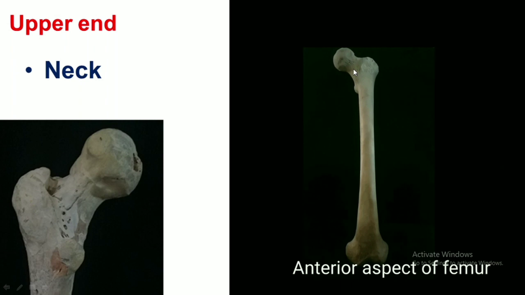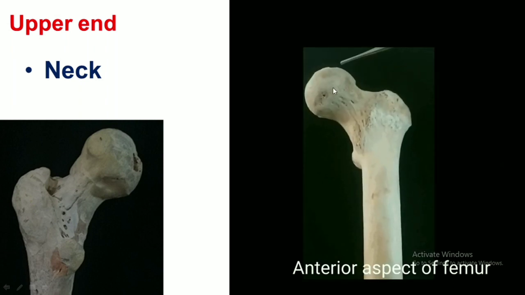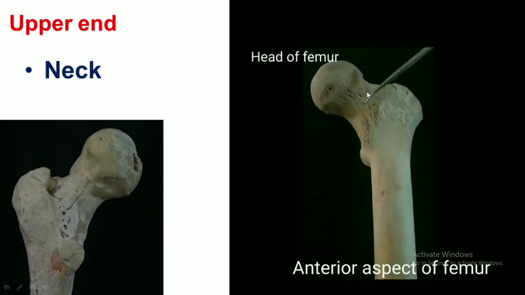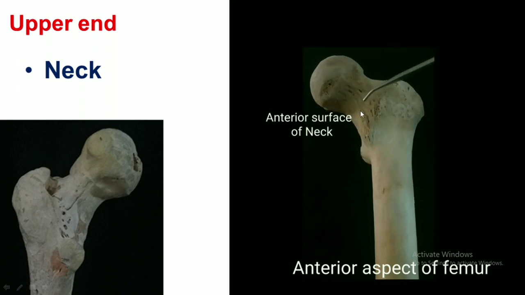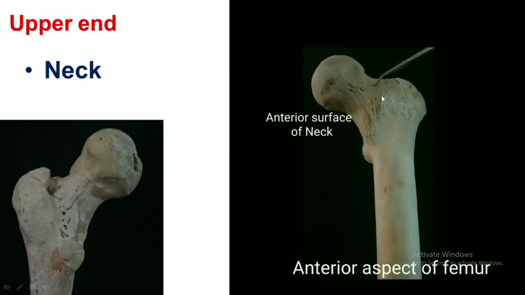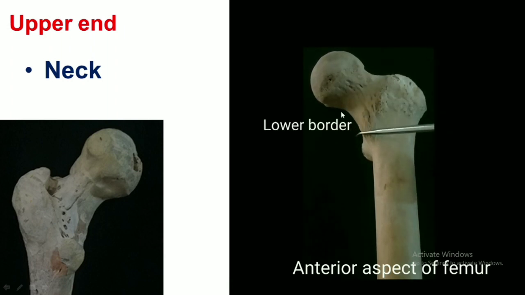Next, in the neck, this is the anterior aspect of the neck. This is the head of femur. This is the anterior surface of the neck that extends up to the intertrochanteric line. It is wholly intracapsular. This is the upper border. This is the lower border.